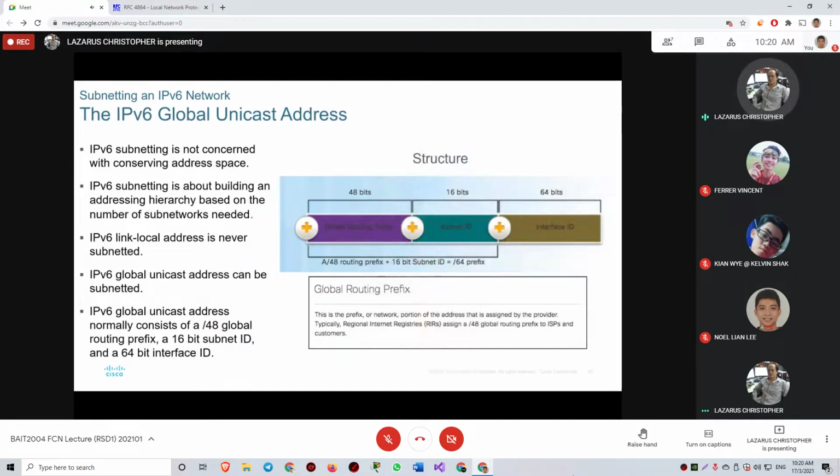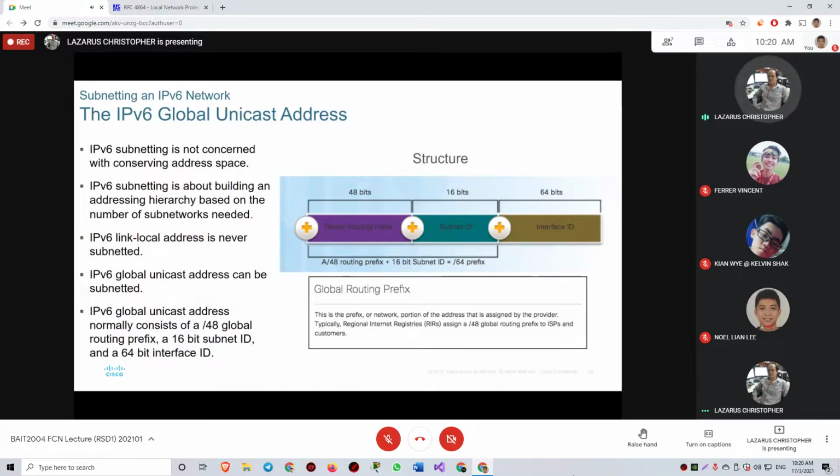You only assign the link local address. Mind you, every computer or every host within an IPv6 network must have a link local address. So by default, all hosts within a LAN are able to communicate with each other because of the link local address.